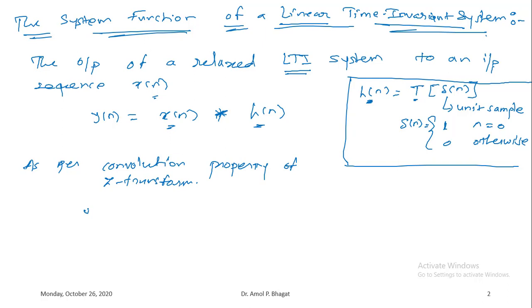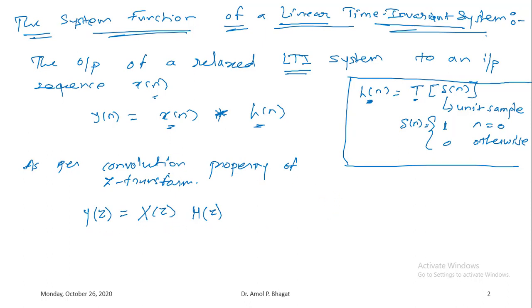So in the Z domain, y of n will be Y of Z, and this convolution becomes multiplication. The Z transform of x of n is indicated by X of Z, multiplied by the Z transform of h of n, which is indicated as H of Z. So X of Z multiplied by H of Z will be in the Z domain.